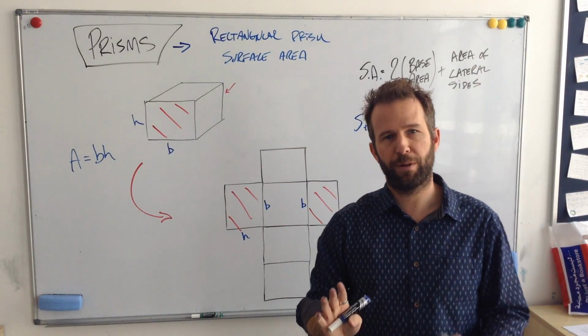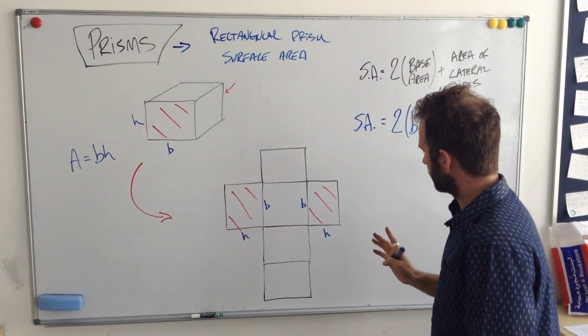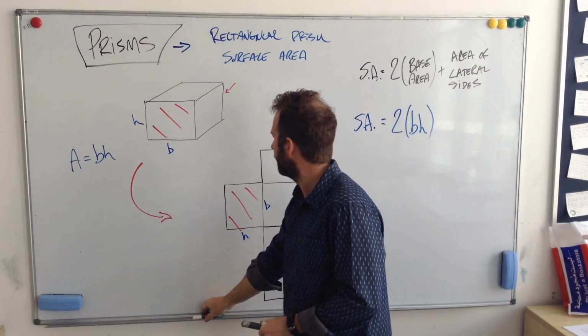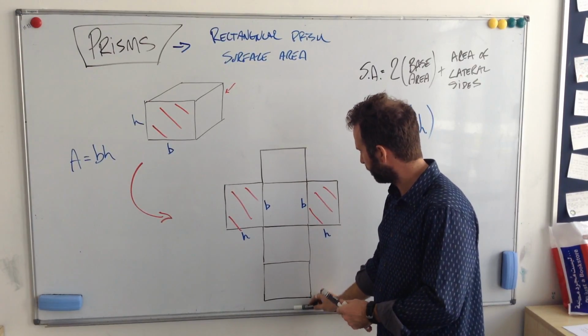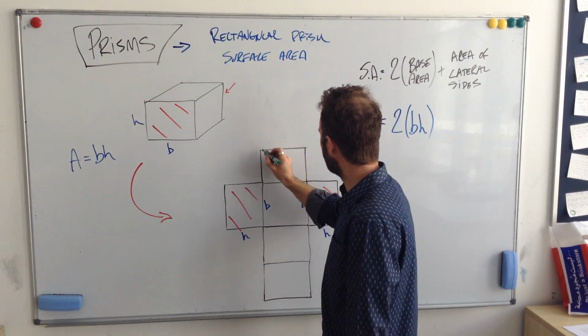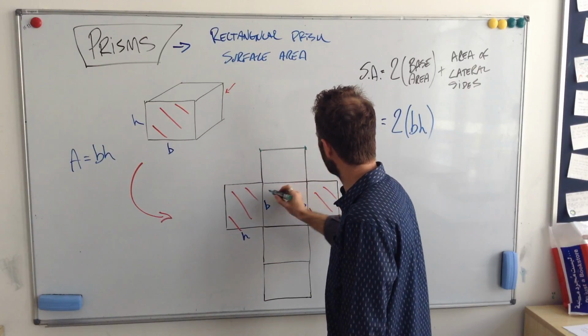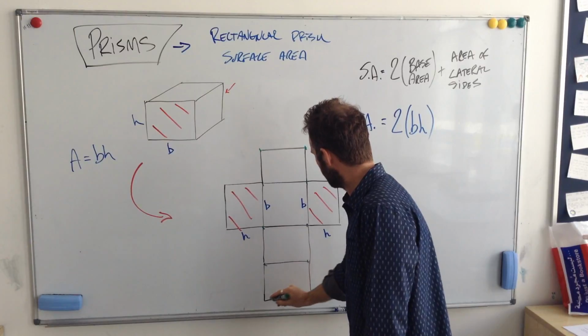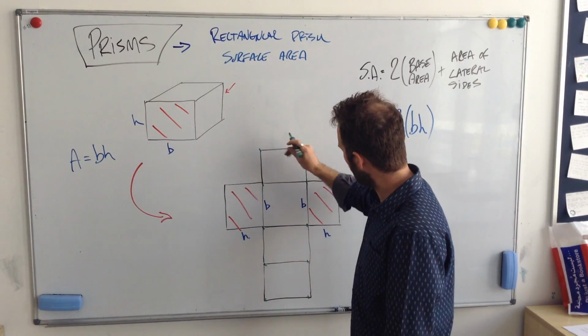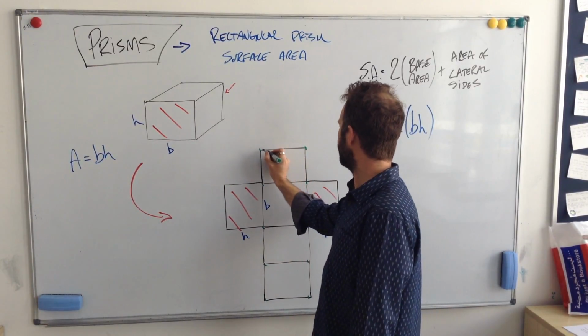Let's pause for a moment and think about the area of the lateral sides. We've got 4 here, and if you look carefully at these 4, you'll notice that all 4 of them have this same distance in common. So that distance there along all 4 is equal.